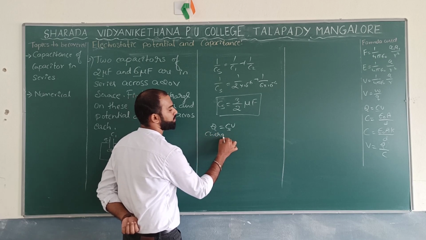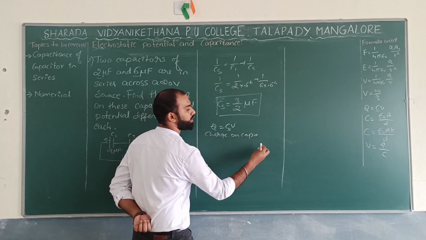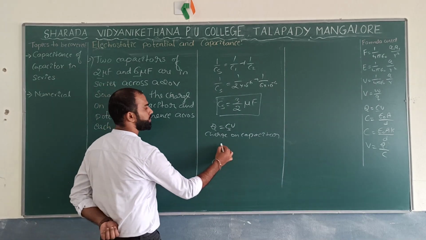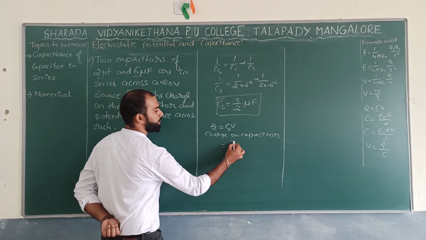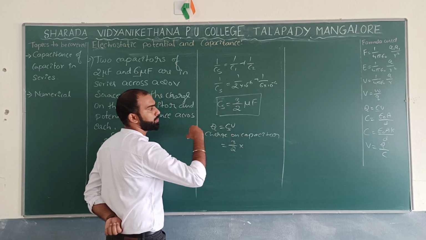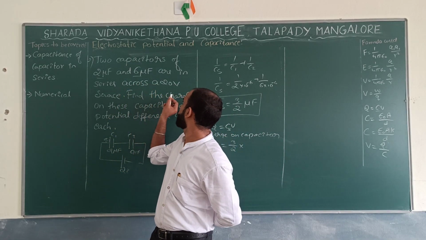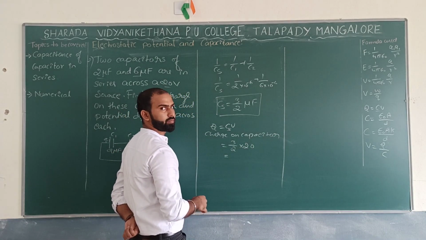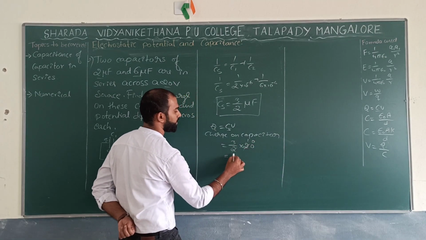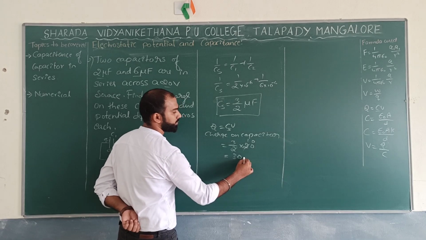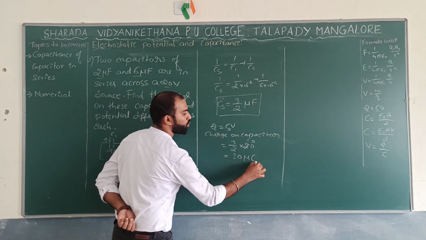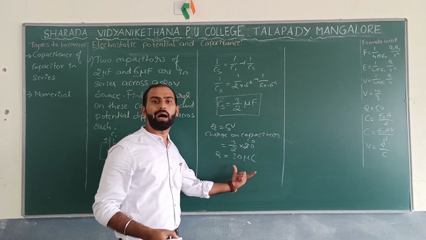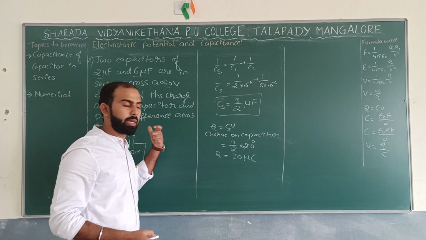It is 3 by 2 into the V value, 20 volt, since we have connected this combination to 20 volt. So 3 by 2 into 20 is 30 microcoulomb. Why coulomb? It is the charge on each capacitor of this combination.